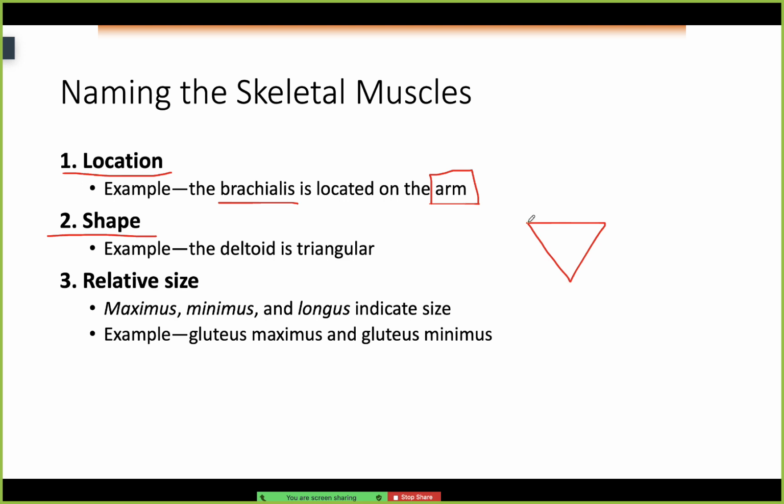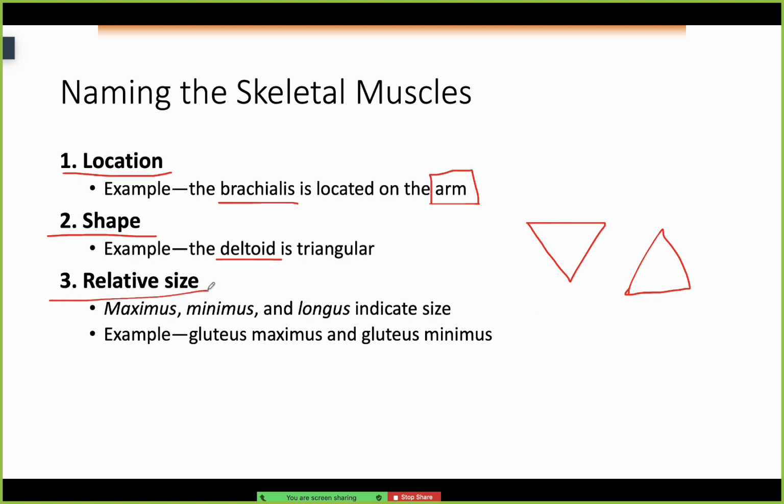We call this a triangle, but we call the muscle a deltoid muscle. Deltoid and delta, this is a delta symbol. So we call it the deltoid muscle because it is triangular. And so shapes and location will both come into play for naming muscles.